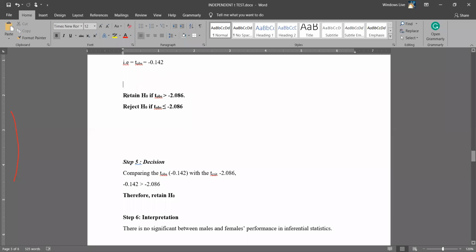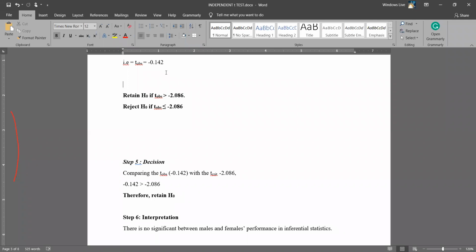Per our decision rule, we retain HO if our T observed, that's minus 0.142, is greater than minus 2.086. But when our T observed is less than or equal to minus 2.086, we reject HO. So you ask yourself: is minus 0.142 greater than or less than minus 2.086?